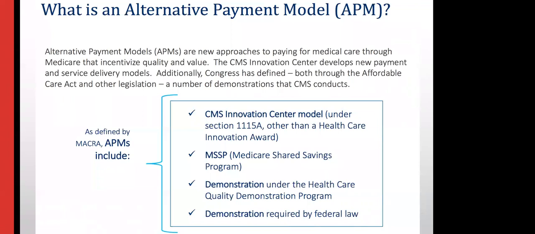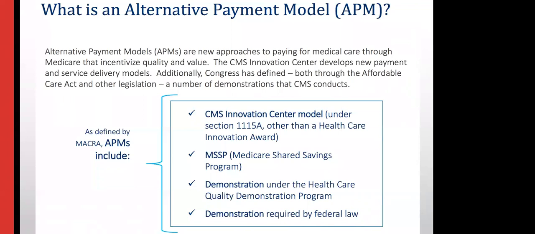So a lot of the APMs include things that involve Medicare shared savings. And that's a concept whereby if you work hard as a physician to improve the quality of care and create savings for the delivery of that care, you would be able to demonstrate that and then share in the savings of those payments to the patient, either individually or collectively as a population.